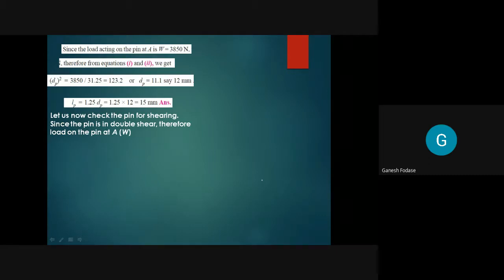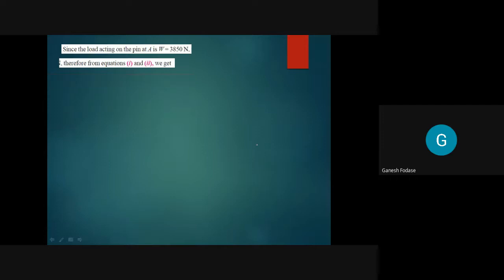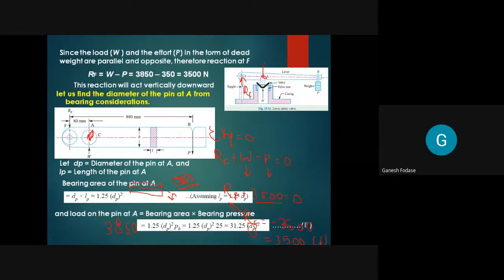I just go through this design what we discussed till now, and also try to think what we can find out next. Up to here we find out DP, that is pin diameter and length of the pin at A. We find out W, we find out P, and then REF also we find. That means in the first step we find out W, pi by 4 d square into P. Then we got P by using the summation of Fy.